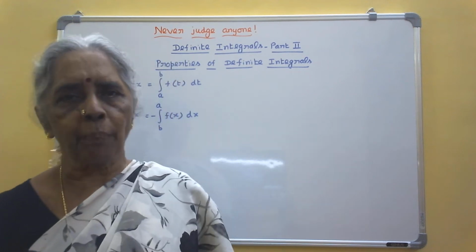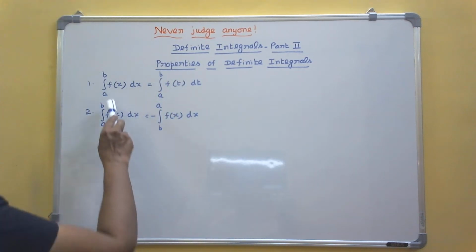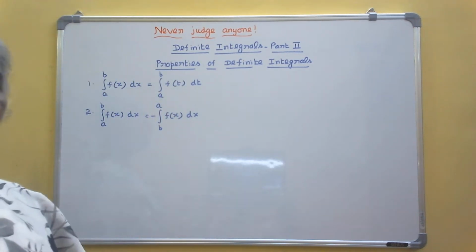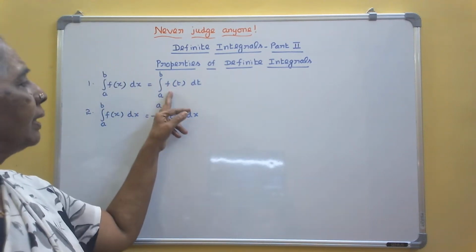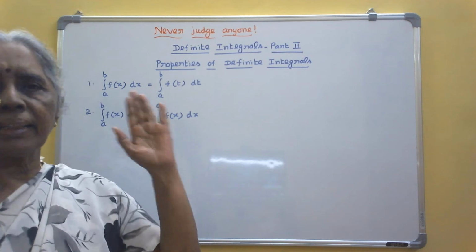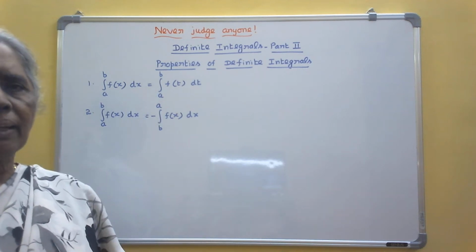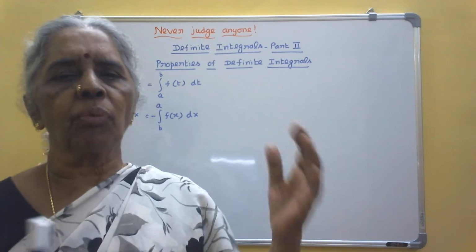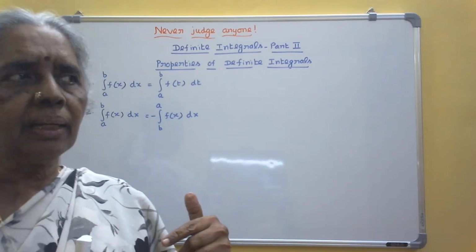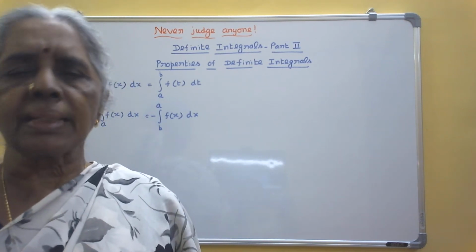The first property: integral a to b f of x dx is equal to integral a to b f of t dt. Even I can say that is equal to integral a to b f of y dy. Actually, only the variable is changed.